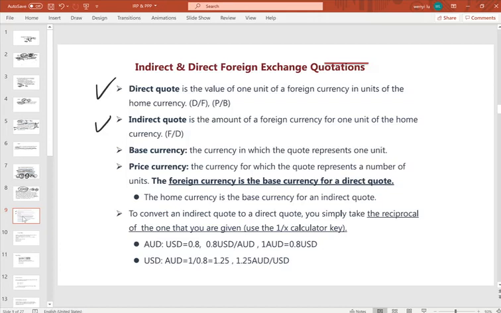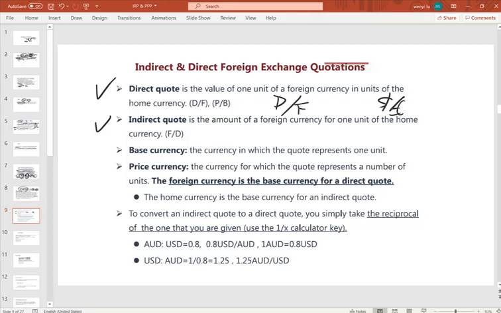So our base currency is the foreign currency, and our pricing currency is the home or domestic currency. For example, €1 equals how many dollars? It is a direct quote.